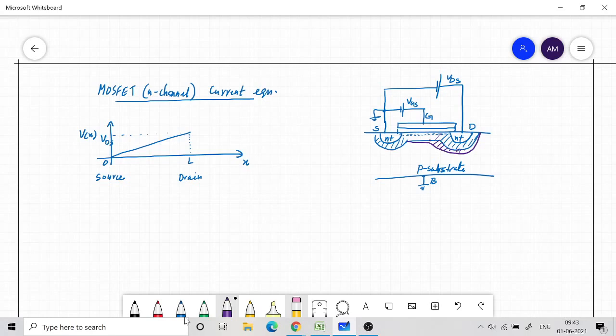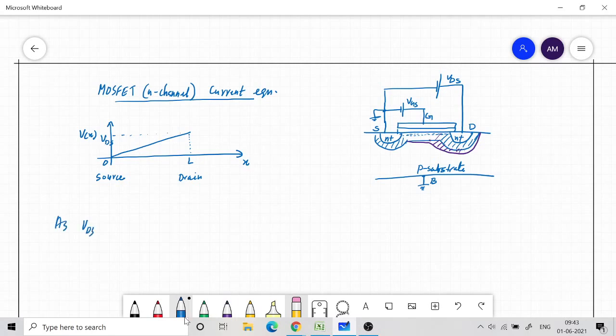Another thing is that as you now increase this potential VDS, you will reach a situation where, on the drain side underneath the oxide, the potential on the right side of the channel is going to become significant at some value of VDS. So let me write it here.